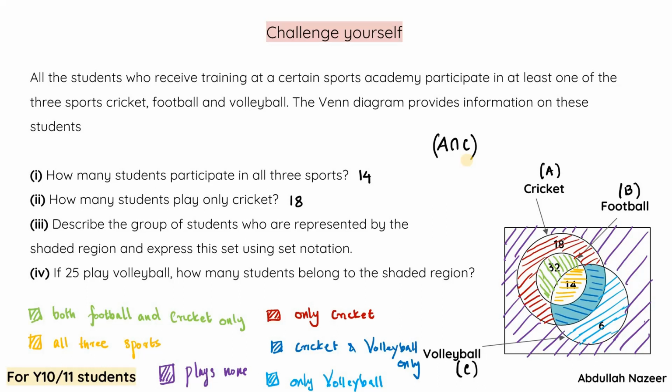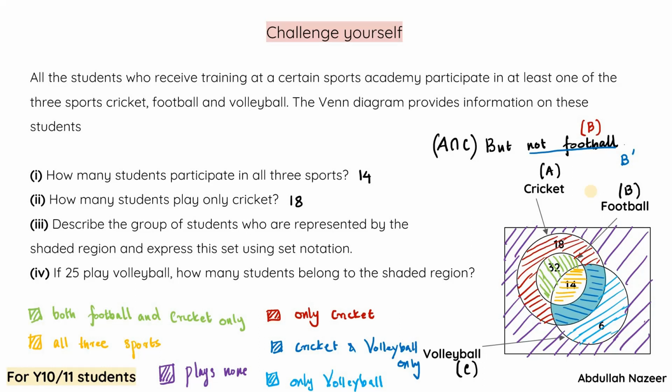So what we need to do here is add the notation that says but not football. So the question is, how do we say that? How do we say but not football? Well, we know football is the set B, so not football has to be the set B complement. So now what we're trying to say here is we need the students who belong to A intersection C and the students who belong to B complement.